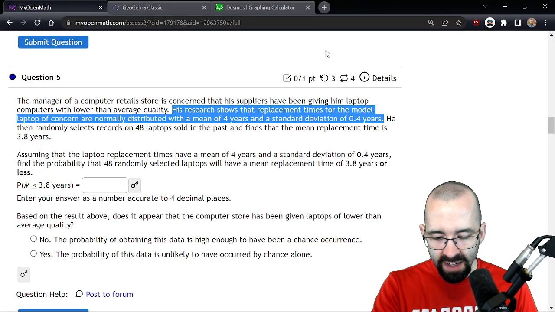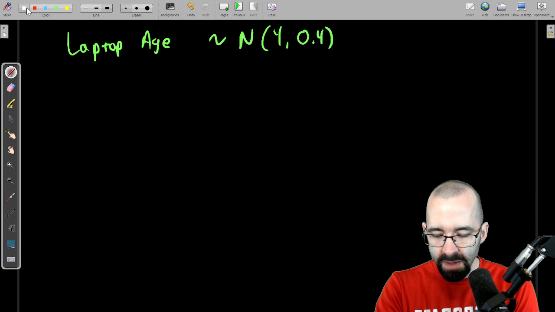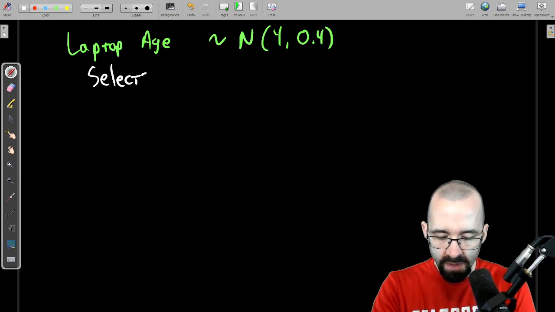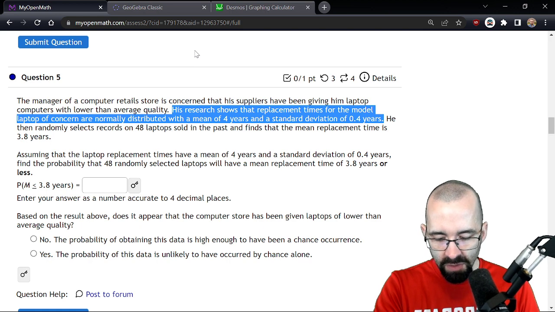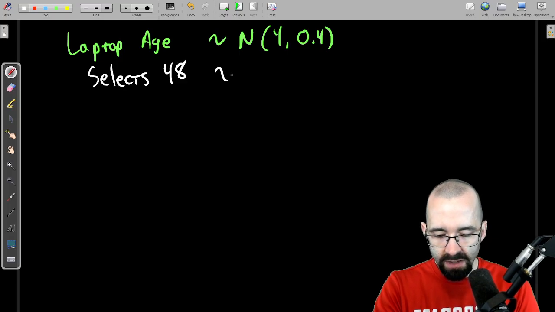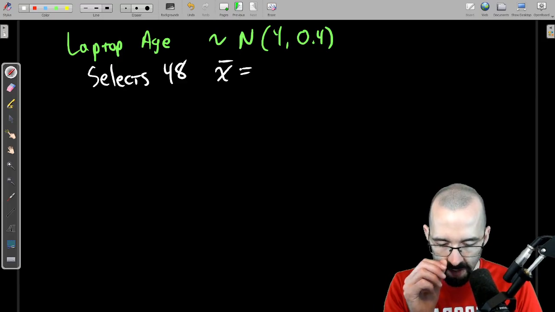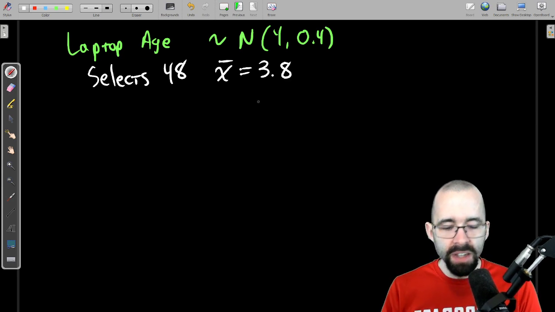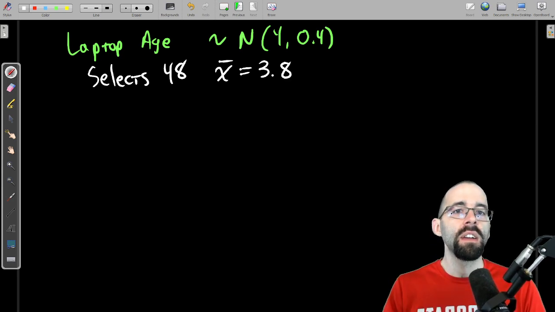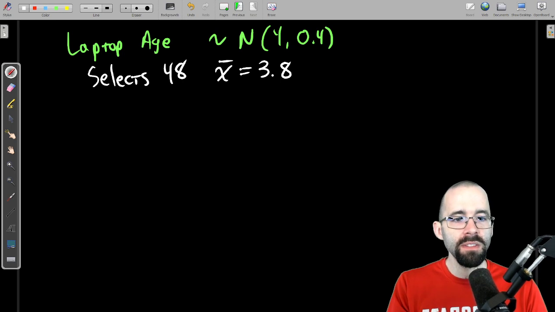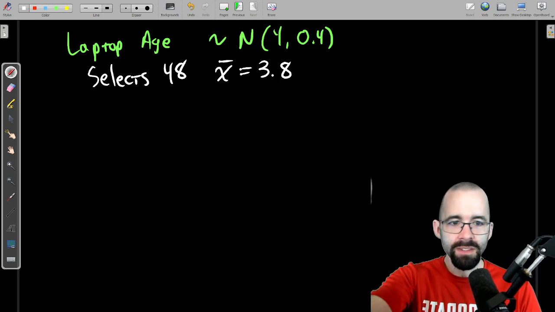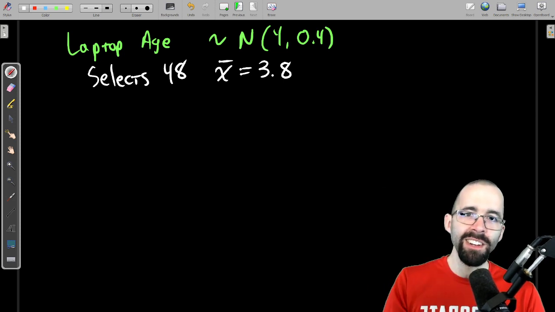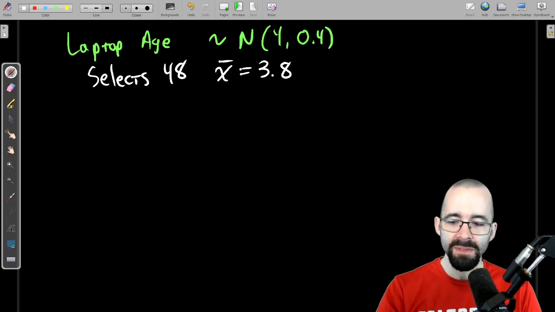He then randomly selects records on 48 laptops sold in the past and finds the mean replacement time was 3.8 years. X bar is 3.8. Why am I using X bar? Because he selected 48 random ones and found their average. Selecting some random subset of the population, getting the average, that's sample mean.